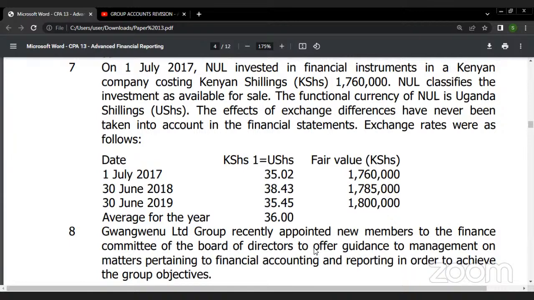So 1st July 2017, 35.02, 1,760,000. Then 30th June 2018, 38.43, 1,785,000. Then at 30th June 2019, 35.45, 1.8. And then the average for the year is 36.